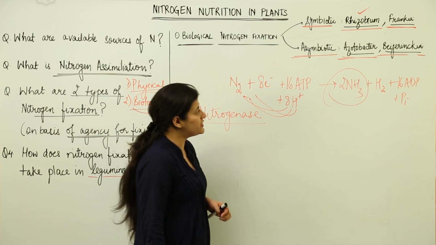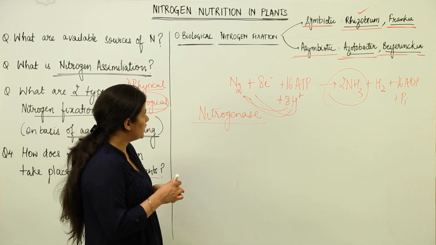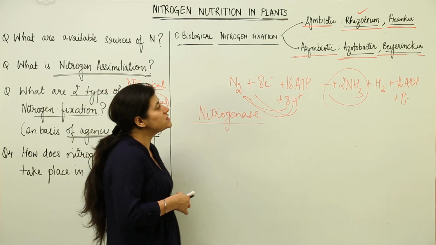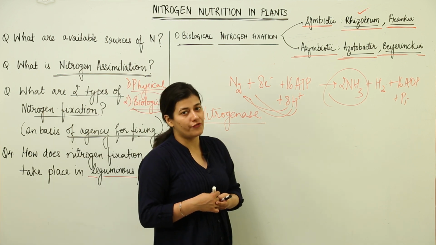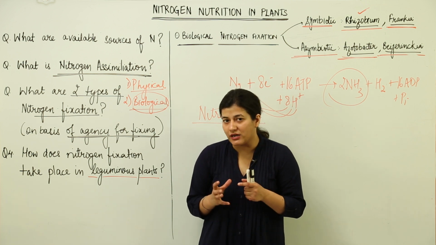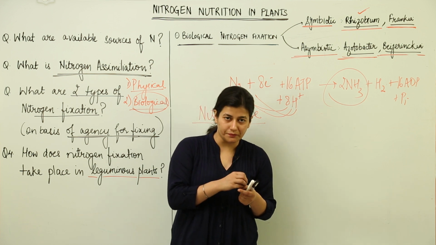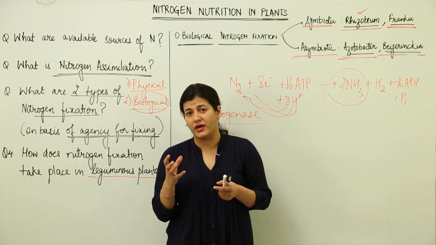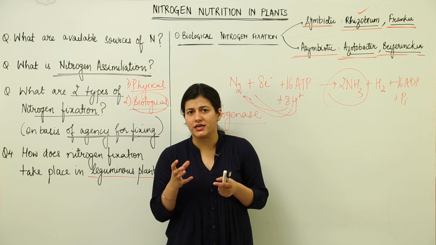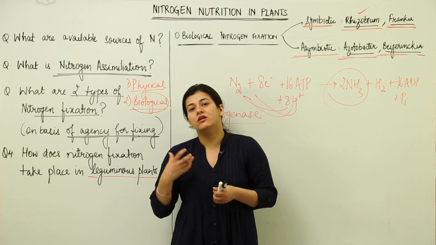Now what happens next to this ammonia, which is formed as a result of biological nitrogen fixation, is studied under the fate of ammonia. In the fate of ammonia, we know that there is reductive amination which takes place. This ammonia gets associated to some amino acid like alpha ketoglutaric acid in the presence of an enzyme, and it forms the glutamic acid.